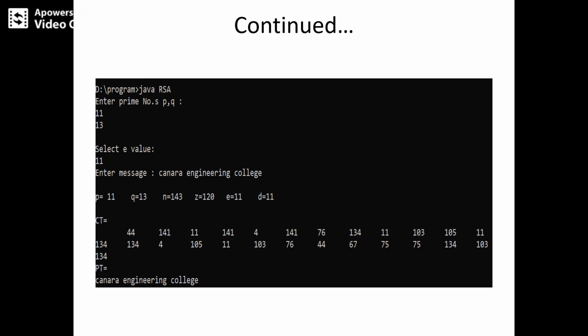After performing the ciphertext conversion technique, we get plain text to ciphertext: C for 44, A for 141, similarly N for 11, small n, again A for 141, again R for 4, and A again 4, I think.